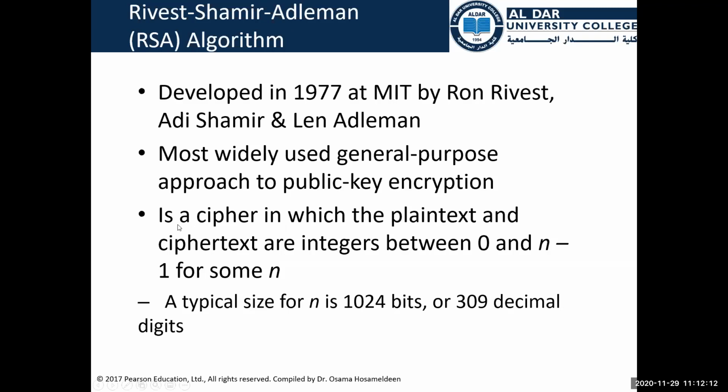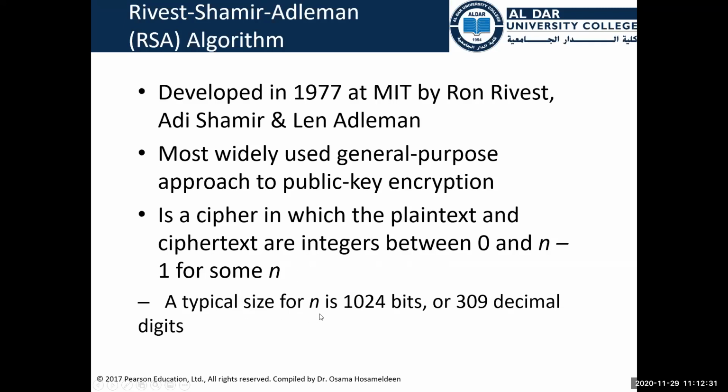The algorithm itself is a cipher in which the plaintext and ciphertext are integers between 0 and n-1 for some n. We are going to see how to turn the plaintext into integers and how to encrypt it.